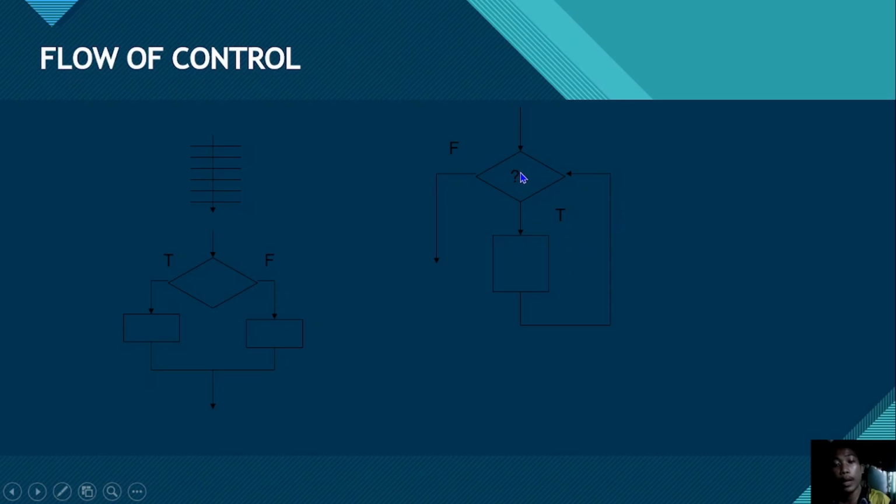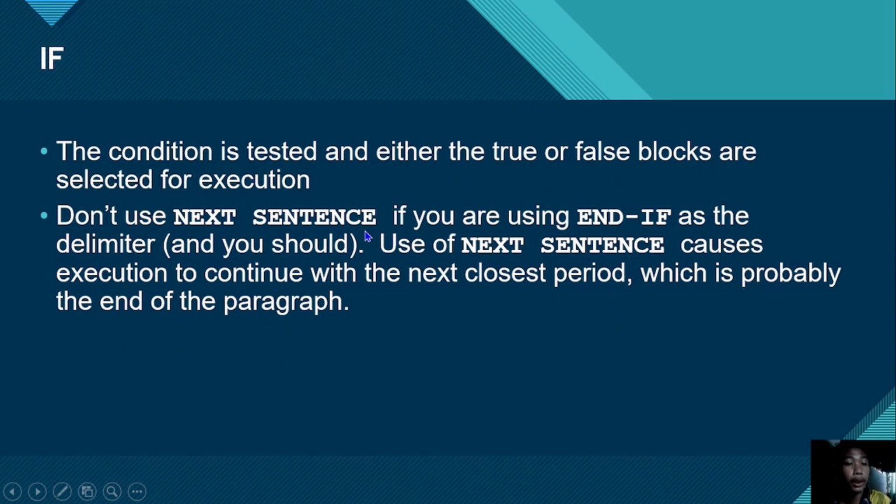While it is true, it would continue looping; while false, it would exit the loop. The condition is tested, and either the true or false block is selected for execution. Don't use next sentence if you are using end-if as the delimiter, and you should.